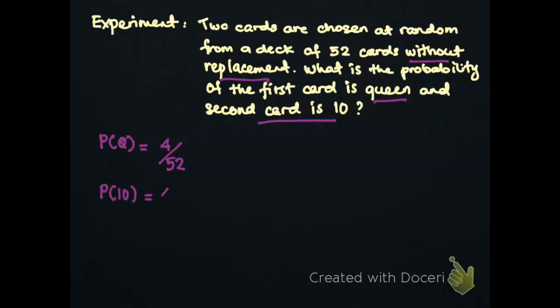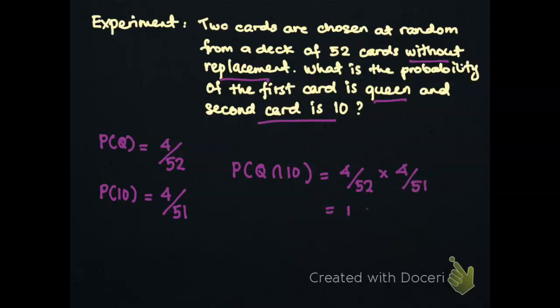Here will be 4. However, the denominator will reduce because you have picked the first card, a queen, and you did not replace it back. So the denominator has changed. It will be 51 here. So the probability of getting a queen and a number 10 from a deck of cards will be 4/52 times 4/51.